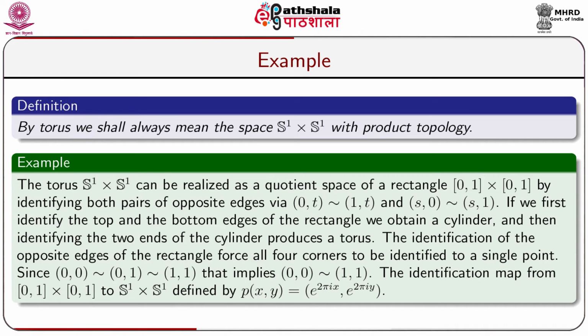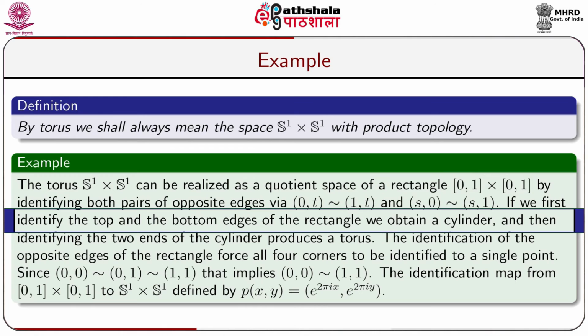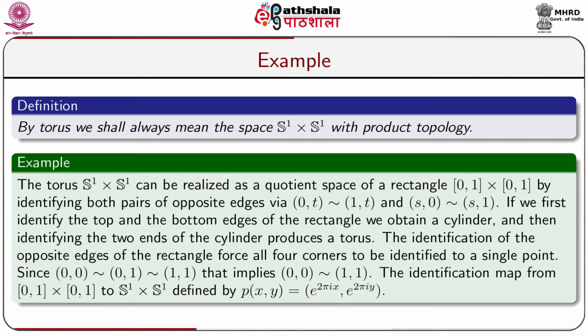If we first identify the top and bottom edges of the rectangle, we obtain a cylinder, and then identifying the two ends of the cylinder, we get a torus. The identification of opposite edges of the rectangle forces all four corners to be identified to a single point.